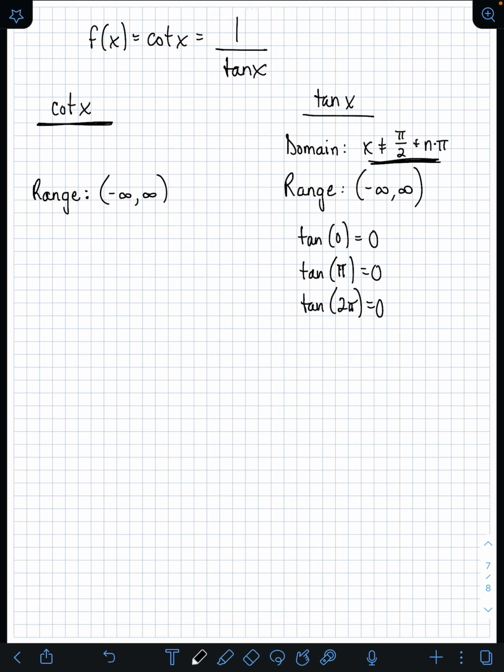If the reciprocal of 0 is undefined, then the reciprocal of undefined, if you will, is going to be equal to 0. So where one of these is undefined, the other is 0, and vice versa. So tangent is 0 at 0, pi, and 2 pi, which means that's where cotangent is undefined.